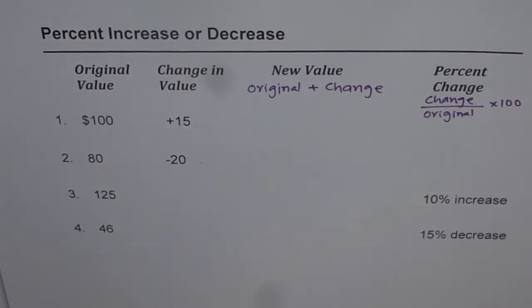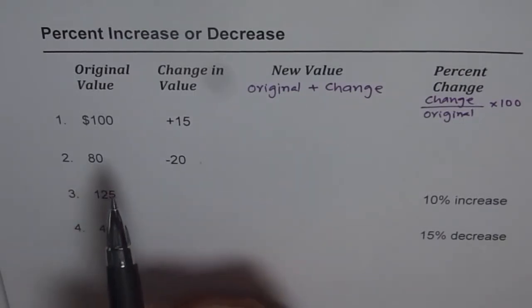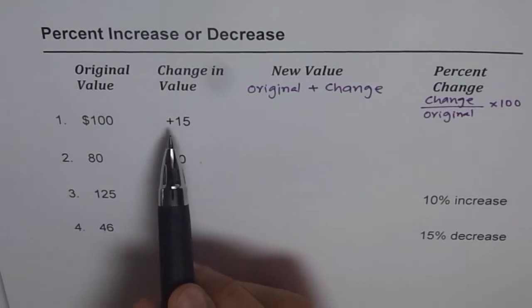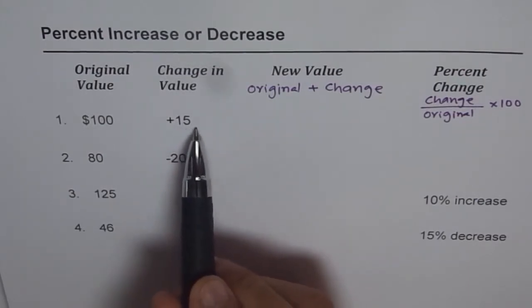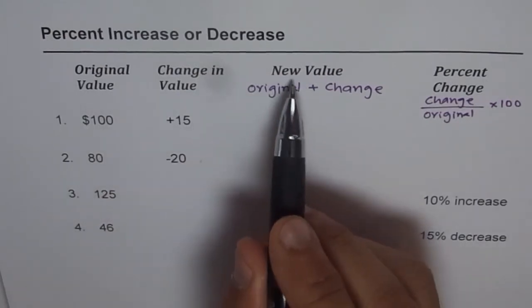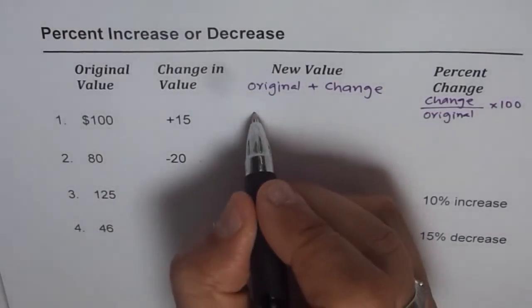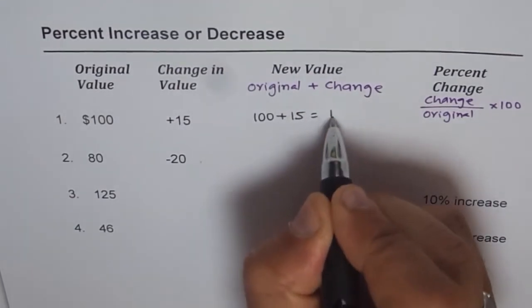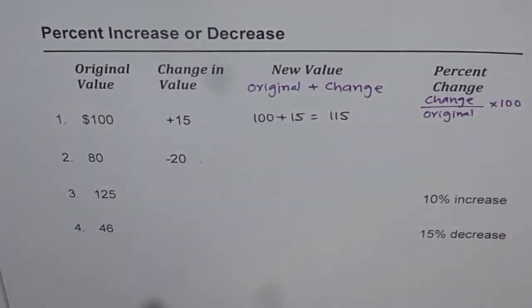Now let's move forward. Let's start with the very first one. Original value is $100. Change in value is plus 15. That means the value increases by 15 from 100. So the new value should be 100 plus 15, right? So it is 100 plus 15, we get 115. That becomes the new value.